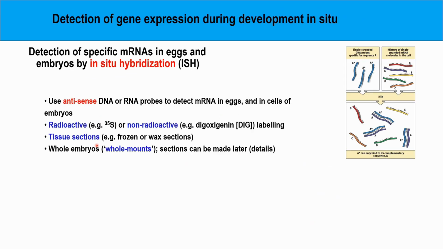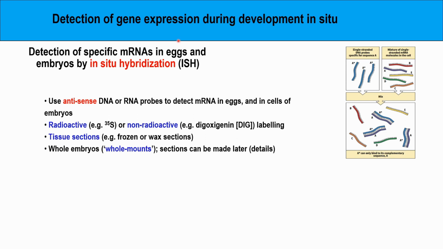So this brings us to detection of gene expression during development in situ. And in situ means in place, or in our case, in the animal or in the cells. I'm going to talk about a few techniques here, all of which are to some extent still important today, but we can take them in the order in which they were used.